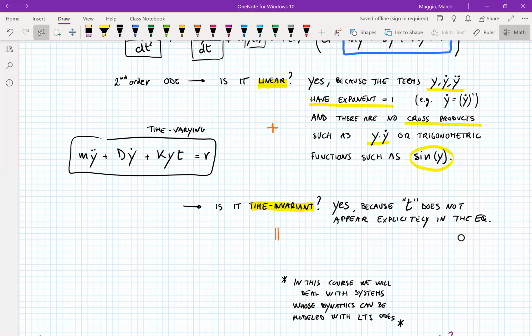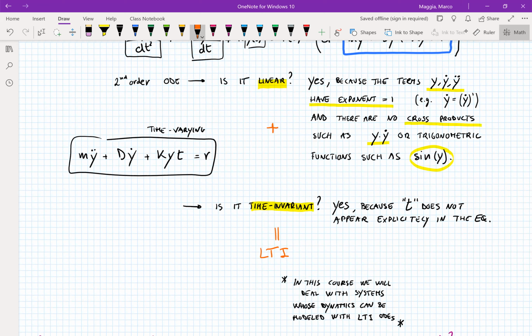All right, so if our ODE is both linear and time invariant, sometimes you find this expression, LTI, that stands for linear time invariant. So why do we ask ourselves these questions? Well, because in this course, we're going to deal only with linear time invariant systems, okay?